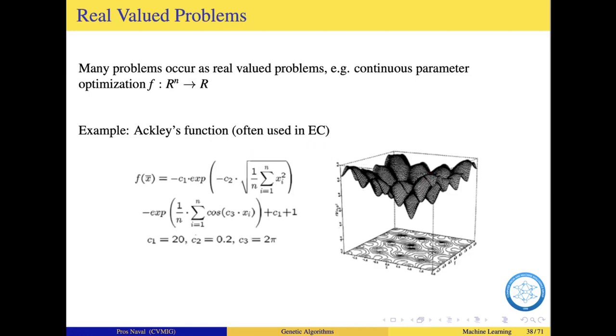It's called the Ackley's function, which is a non-convex function used for testing the performance of optimization algorithms. So why is this a favorite function? Because it has many local minima. So if your algorithm is not clever, it will get trapped in any of these local minima. It thinks that it has already found the solution, when in fact the global solution is here.